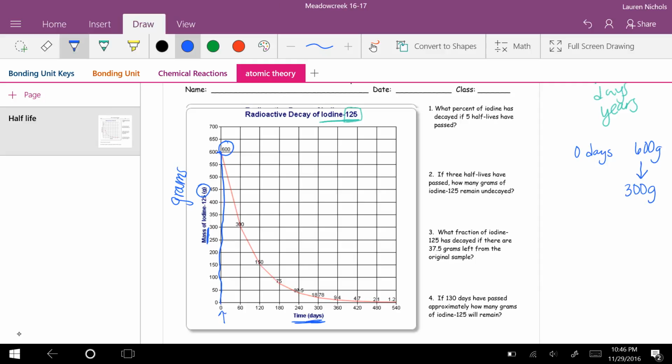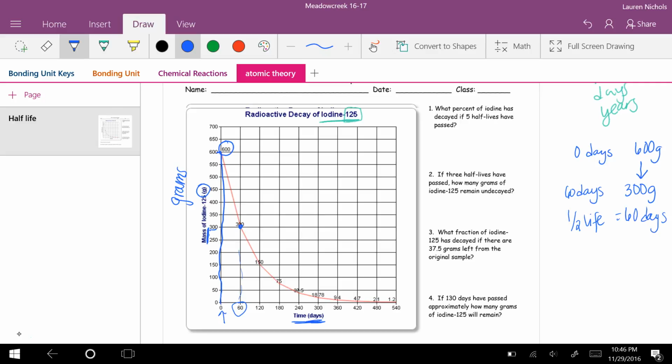So we look at our graph and we find grams on our y-axis, 300, and we go to the line. 300 is right there. And if we follow that down to the x-axis, we see that that lines up with 60 days. So it takes 60 days for it to go to 300 grams. So that means my half-life, abbreviated this way, is equal to 60 days.